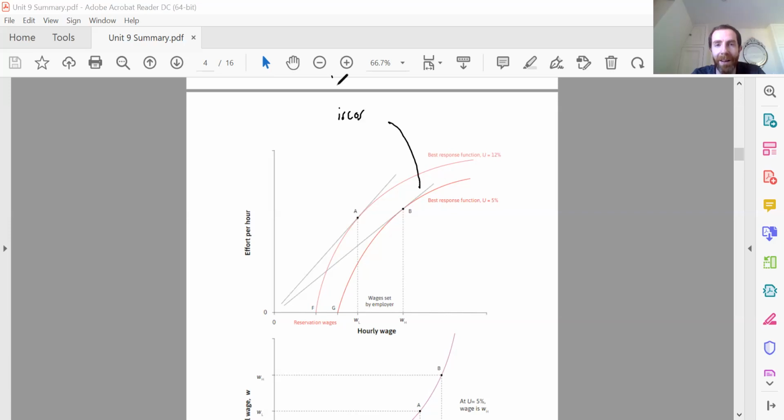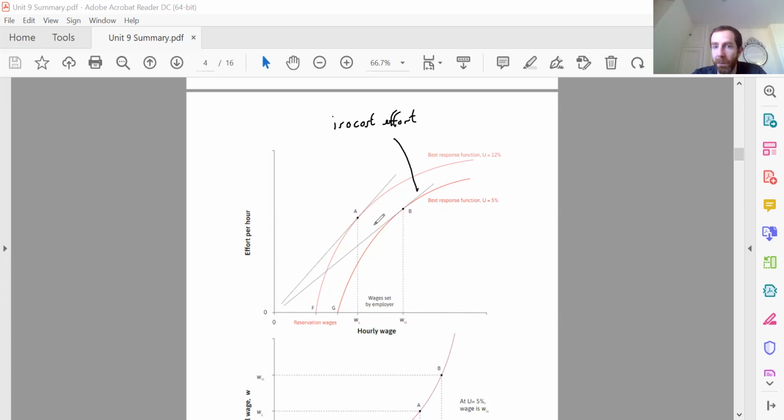I can't spell. Let me try that again. We call these gray lines iso-cost effort lines. So they show combinations of a wage and a level of effort per hour, which gives the firm a constant cost of effort per hour.